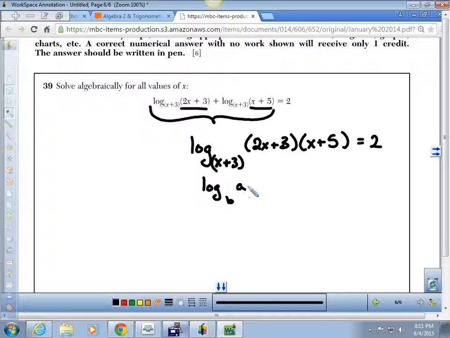So folks, log bacon and eggs converts to what? Be happy. So what is my base? So x plus 3 to the what power?